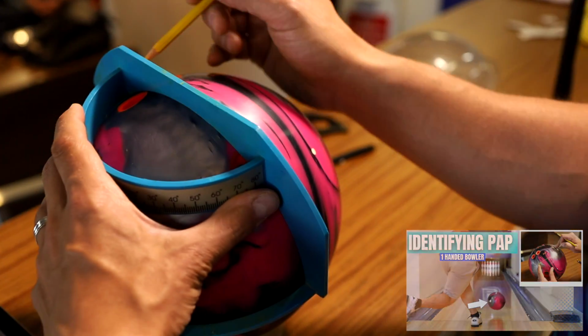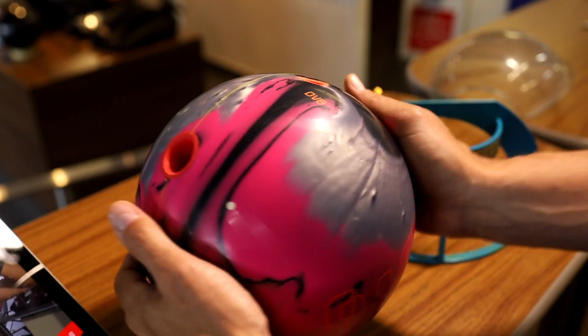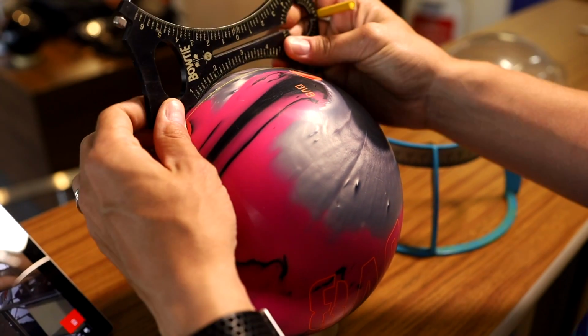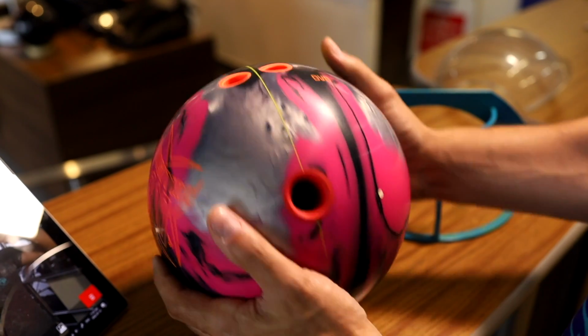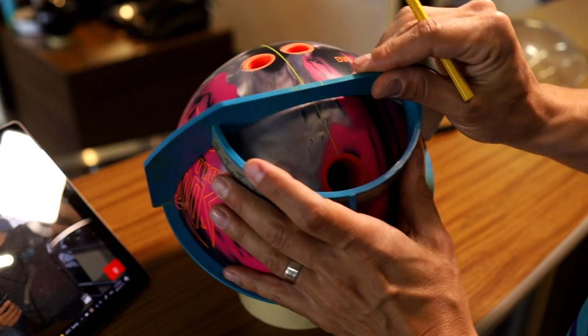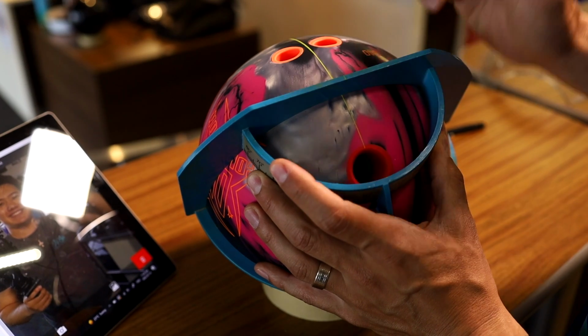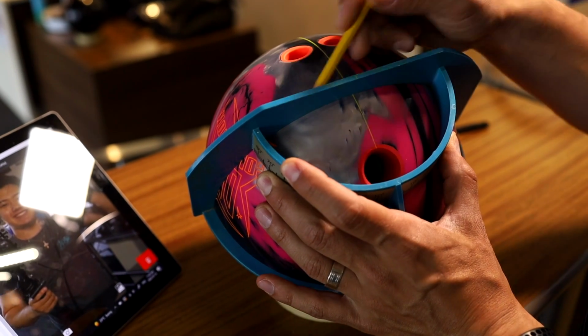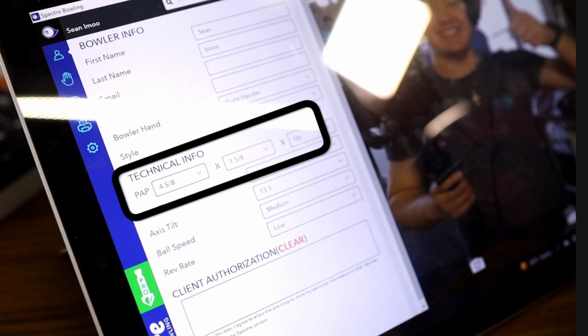On an existing ball, we will now draw the center line, and find our grip center to draw our midline. Again, halfway from the middle of the span, draw your perpendicular line, so 0 here, 0 here, and here we see 4 5/8 by 1 5/8.